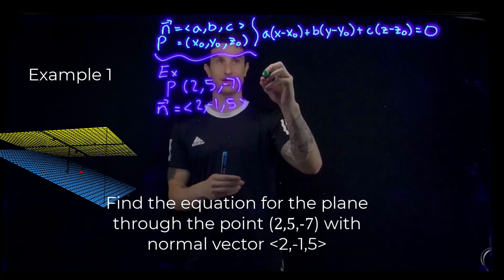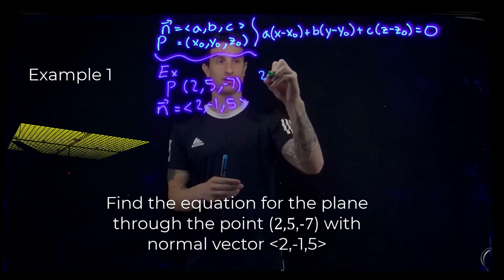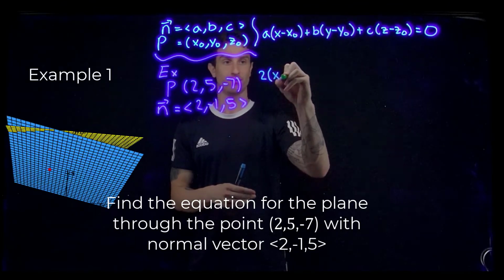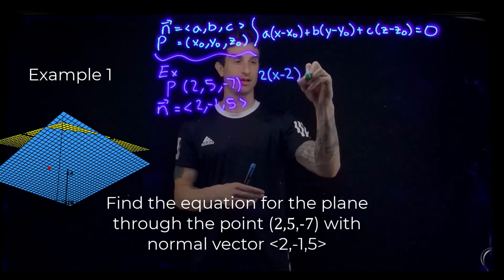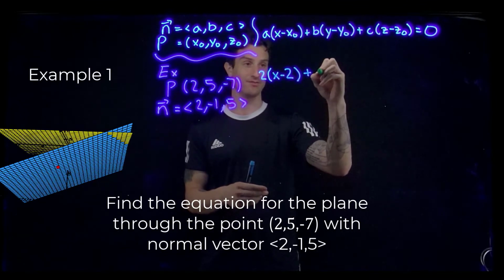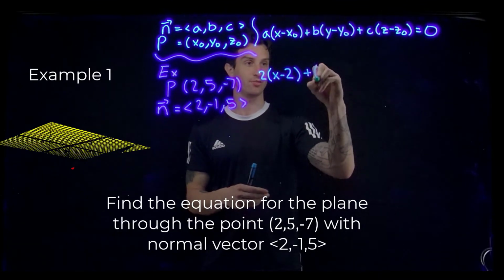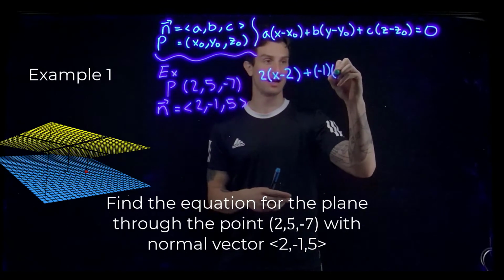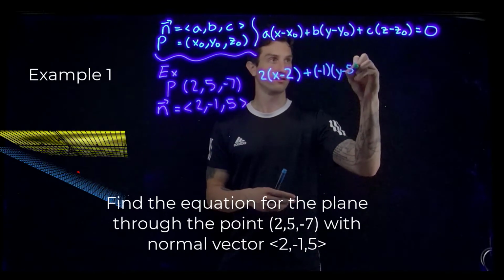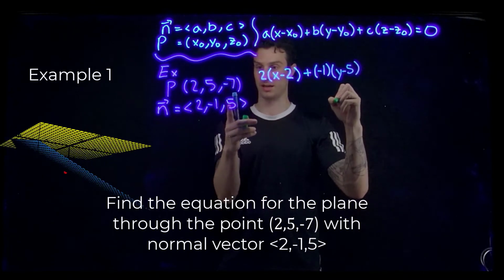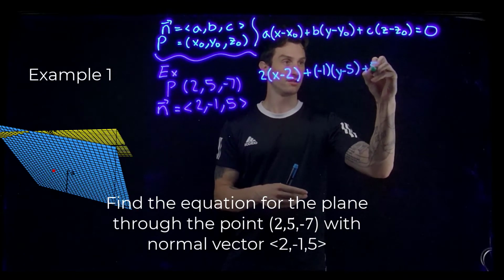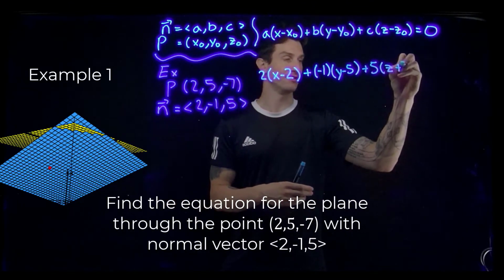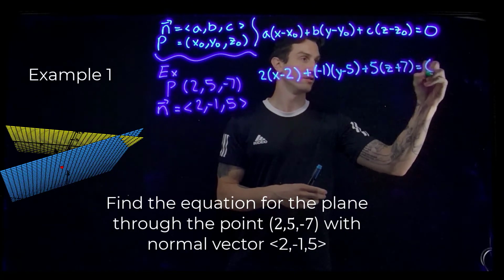So let's just write this all out over here. We have 2 times x minus 2, plus b, and this is -1, so I might have messed up here. We'll just leave it as a -1 for right now, times y minus 5, plus 5 times z minus -7, so plus 7, is equal to 0.